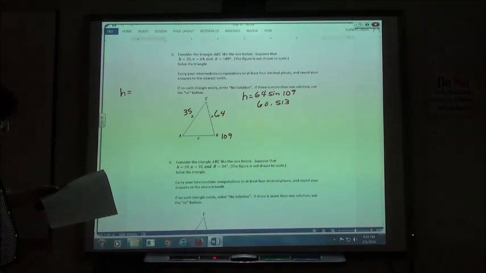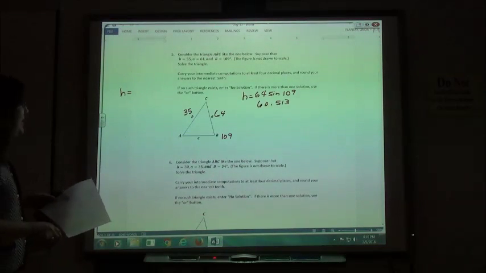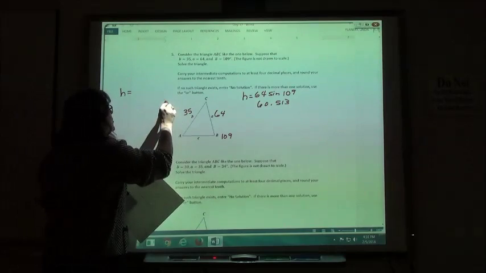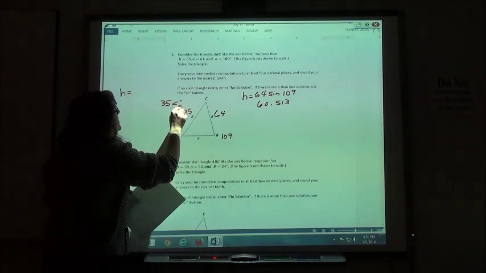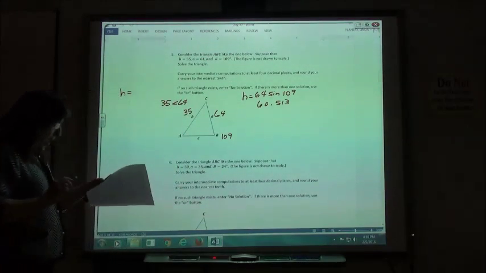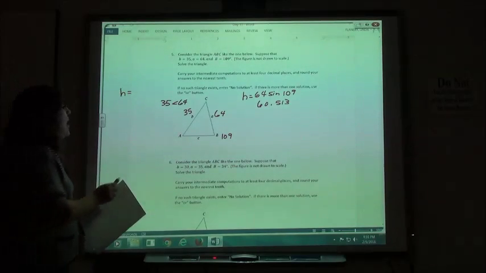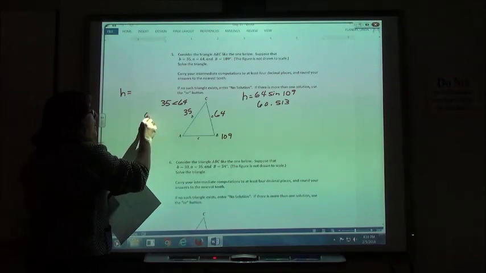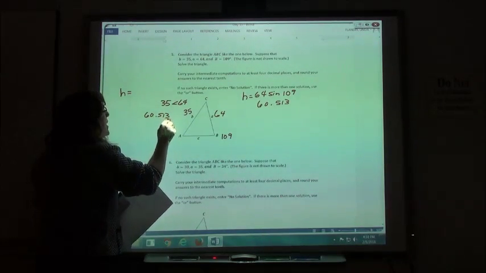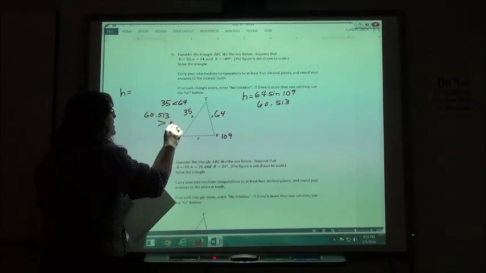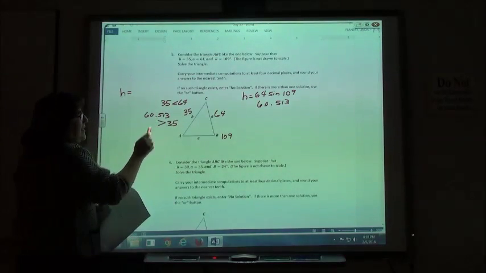So I go down to the next one. Is the opposite side less than the adjacent? Yes, 35 is less than 64. And is h greater than the opposite? So h is 60.513. Is that greater than the opposite side of 35? Yes.